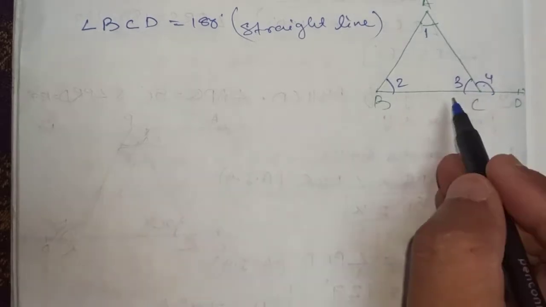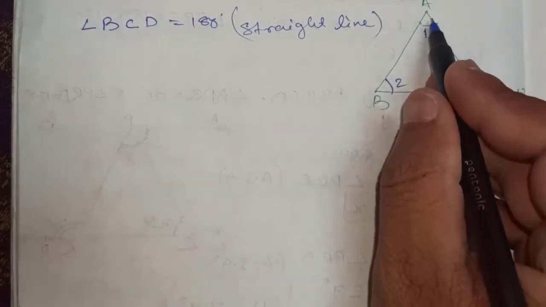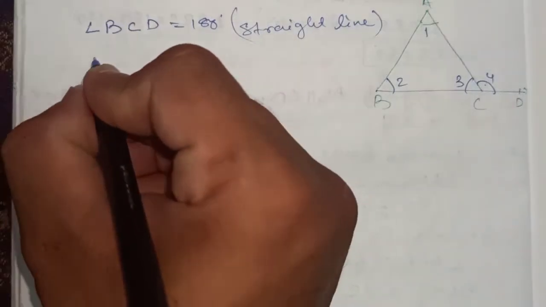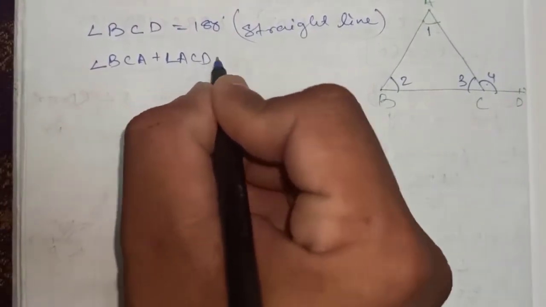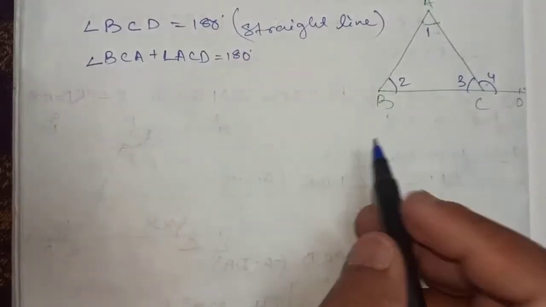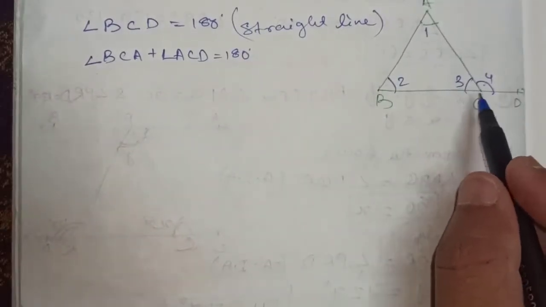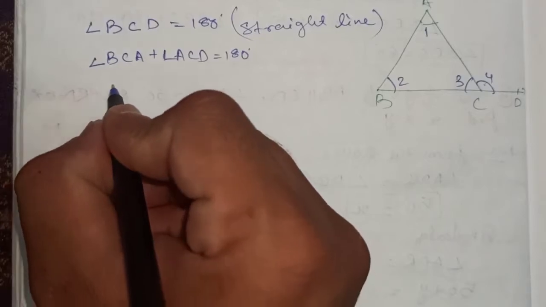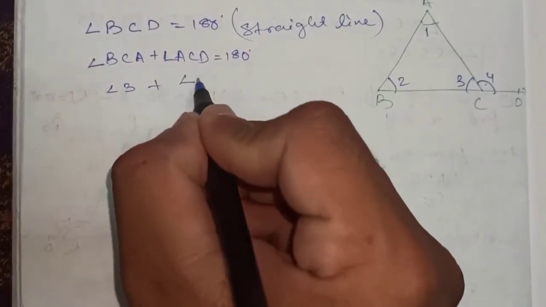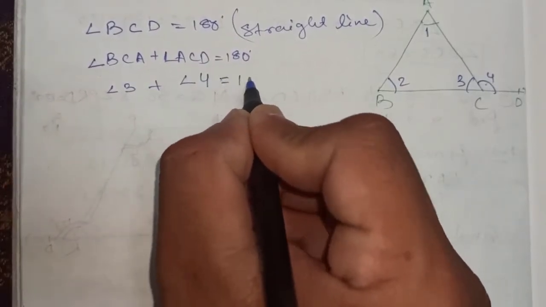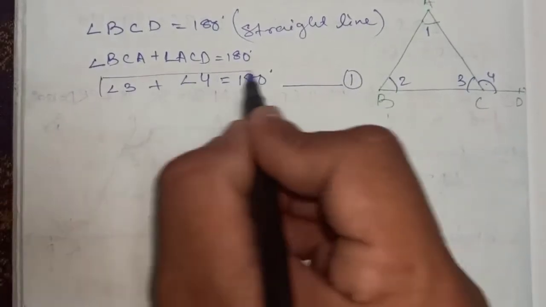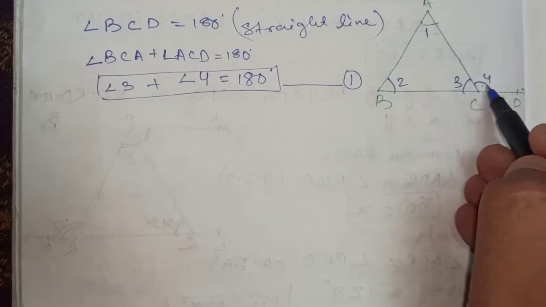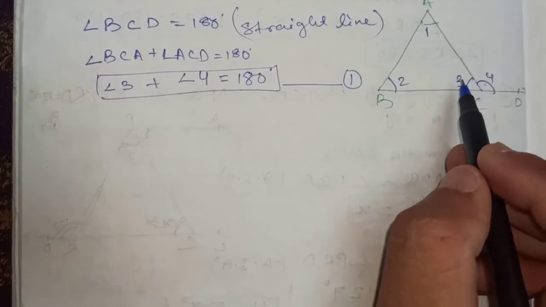So I will name it as BCA plus ACD. BCD can be cut into angle BCA plus angle ACD equals 180 degrees. This plus this is 180 degrees. So I will write angle 3 in place of BCA and angle 4 in place of ACD, so angle 3 plus angle 4 equals 180 degrees. This is equation 1, suppose. This angle plus this angle is 180 degrees.